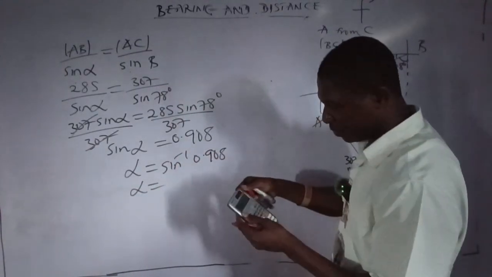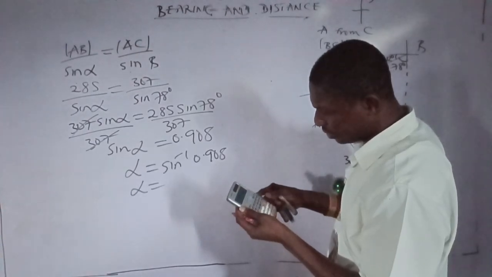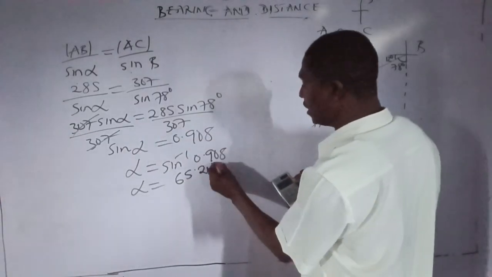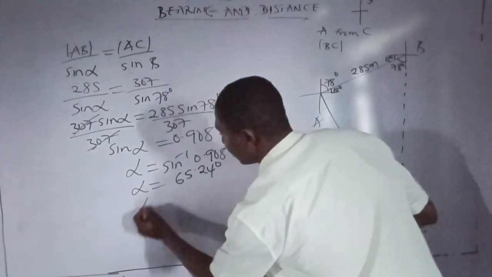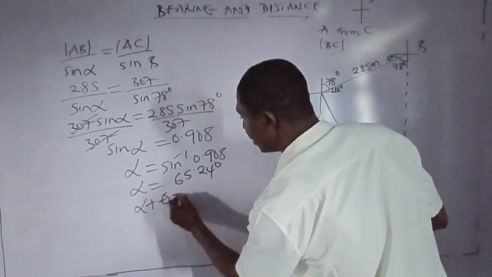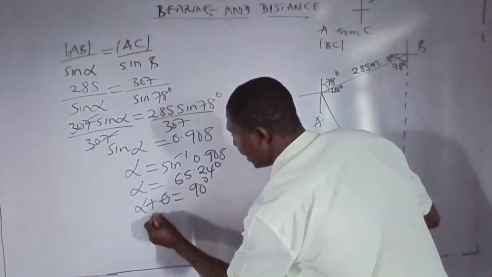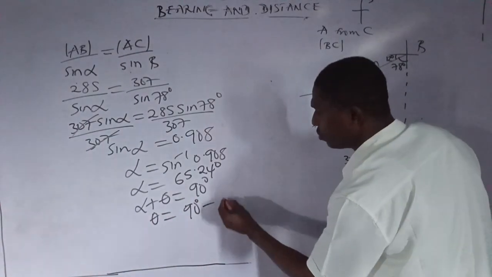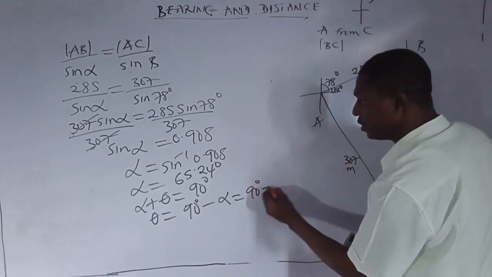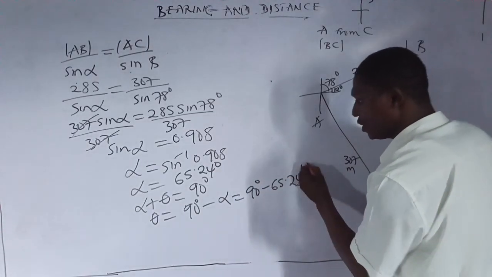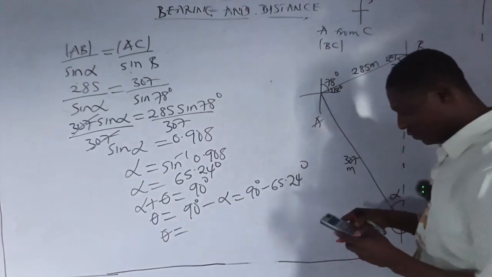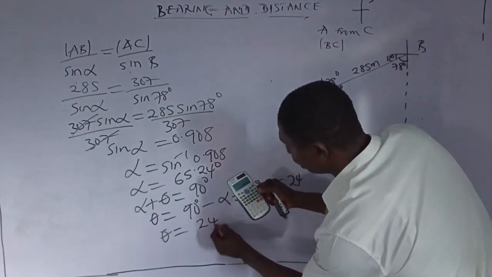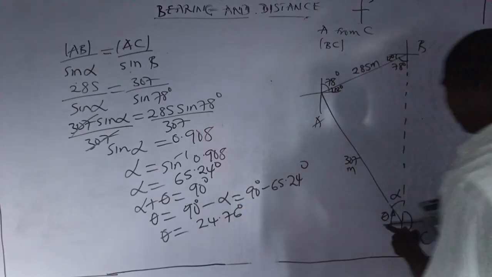Using shift sine on my calculator, my alpha is 65.24 degrees. But remember, alpha plus theta is equal to 90 degrees. And theta will be equal to 90 degrees minus alpha, which equals 90 degrees minus 65.24 degrees. And theta will be equal to 24.76 degrees.